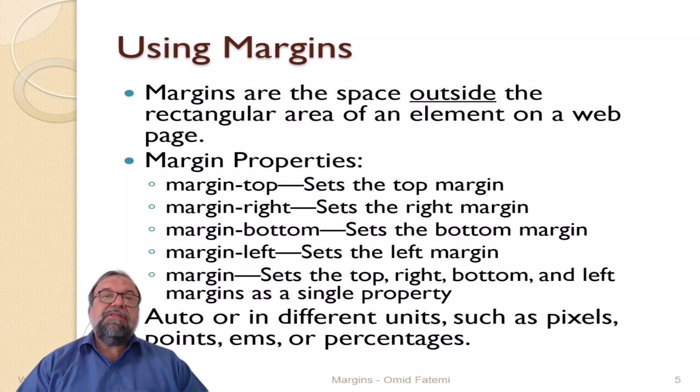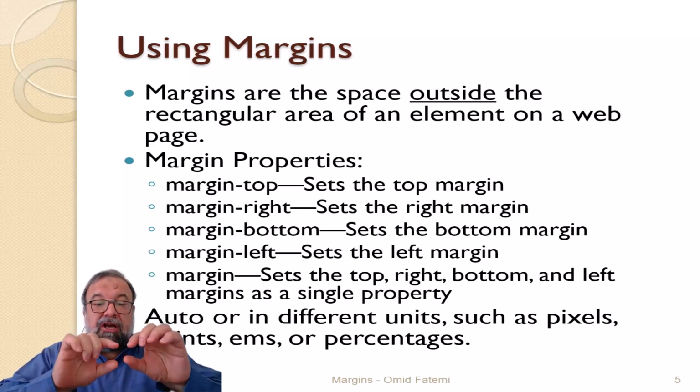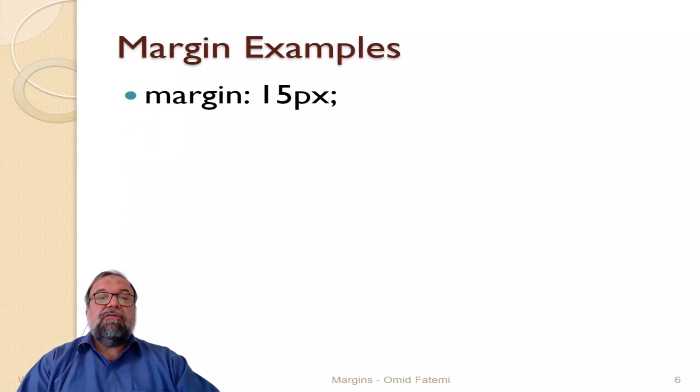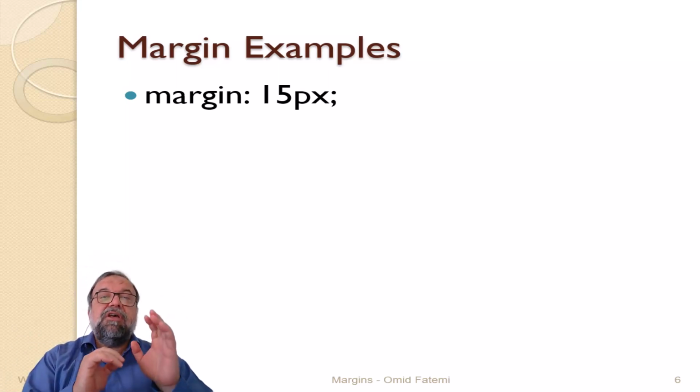You can use pixels, as we talked about before, points, ems, or even percentage. Percentage is relative to the containing element of the element that we are putting margins on. Examples: you write margin: 15px; so it means that you are setting all 4 margins: left, top, right, and bottom.